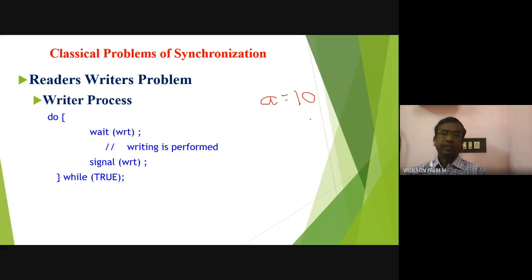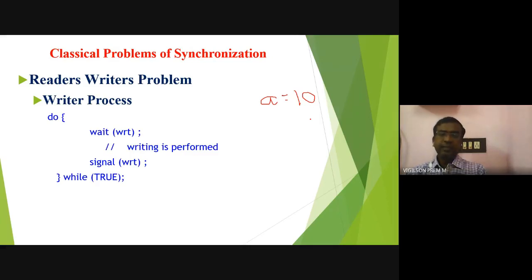Only one person can do. Because I am having the control, so I can modify. You are presenting means you can modify. X is presenting means only X can modify. That means writing can be done. Writing means modifying or updating or changing can be done by only one person at a time.